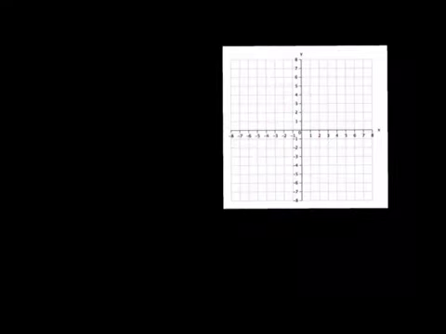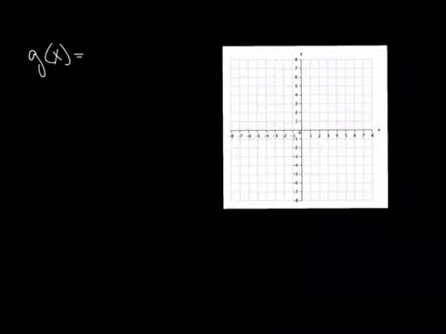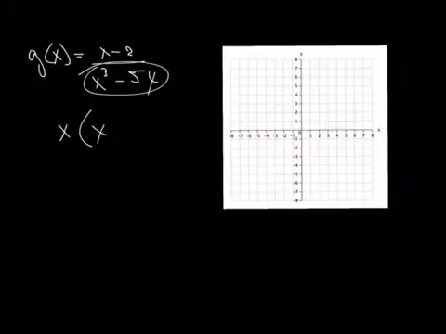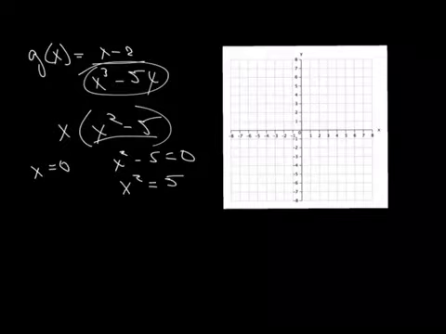Now when we have the second part, the B part of example 3, we have g of x equals x minus 2 over x cubed minus 5x. Again, we're concerned about the denominator. So we're going to factor out an x. So x can equal 0, or x squared minus 5 equals 0, or x squared equals 5.